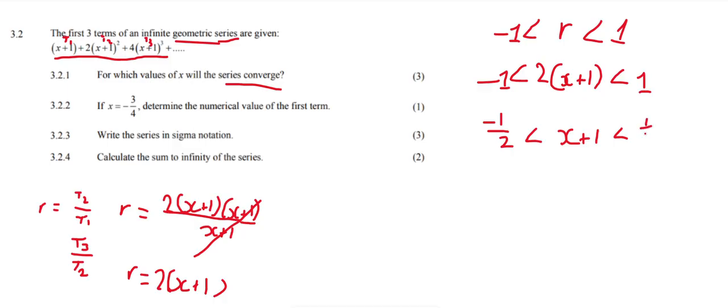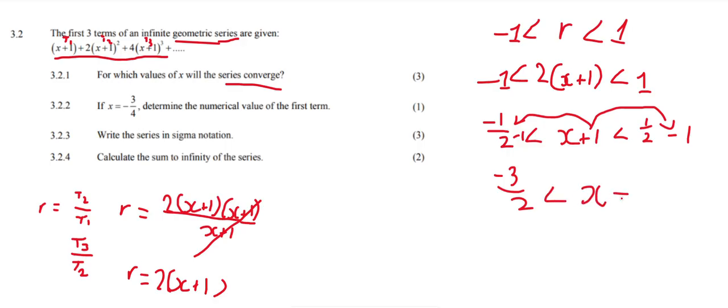Now we take the 1 to the other side, so here it will be negative half minus 1, while this will be half minus 1. Then our final answer becomes -3 over 2 less than x less than -half.